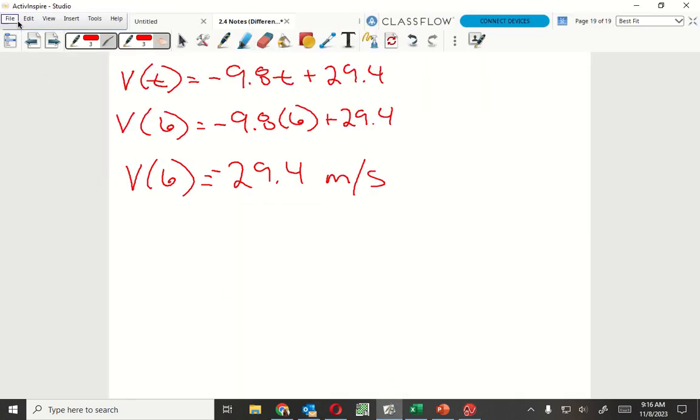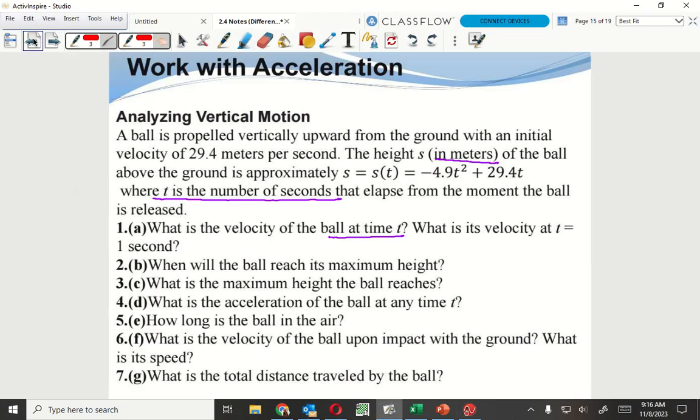Where are we at now? So we got that one. We're at G now. What is the total distance traveled? Total distance traveled, in meters. Which function is that? The first one, position, right? Okay, so I want position.